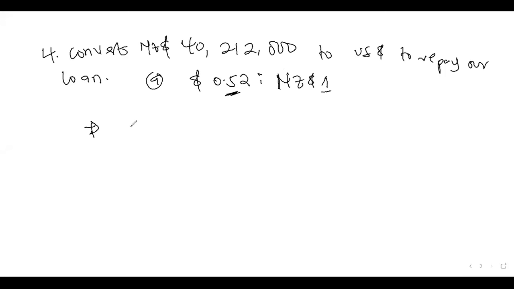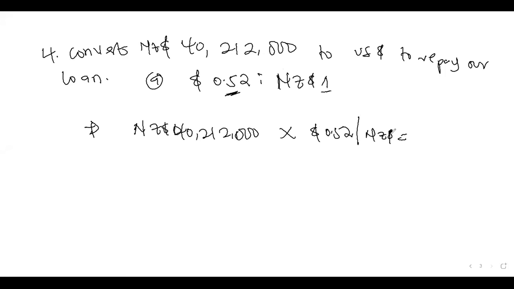So that would be 40,212,000 times 0.52 US dollars per New Zealand dollar. So when you multiply, you are going to get 20,910,240 US dollars.